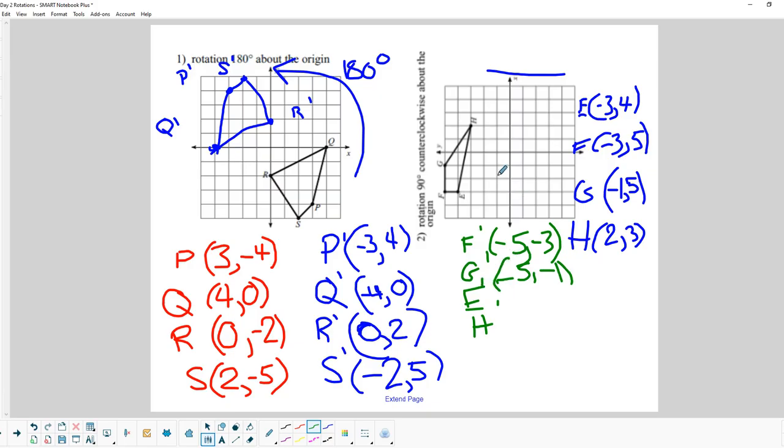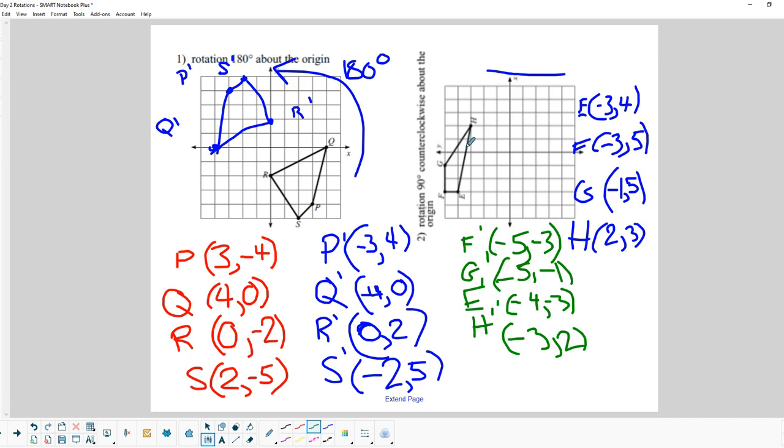E prime, negative 4, negative 3. And last but not least, H prime is negative 3, 2. So there is our new coordinates.